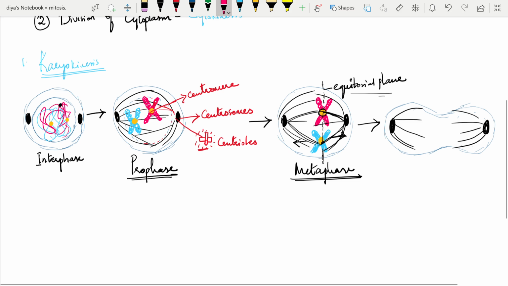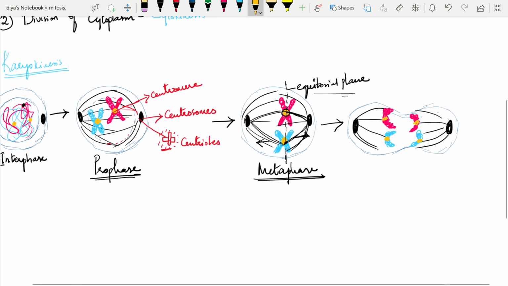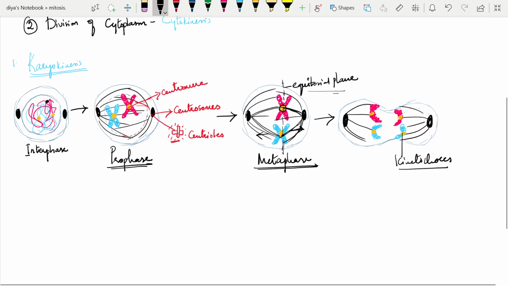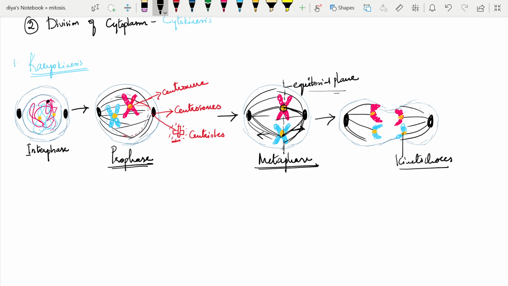Now these chromosomes are moved apart. This is another chromosome, and the sister chromatids get separated. Now these have their own centromeres, which are now called kinetochores. This phase of the cell cycle is known as anaphase.